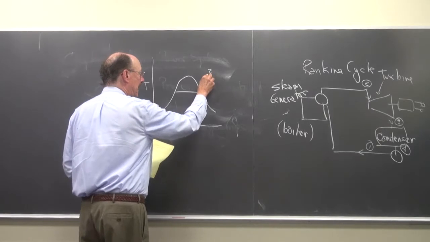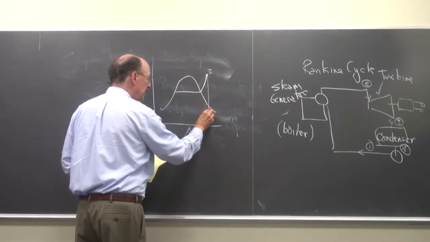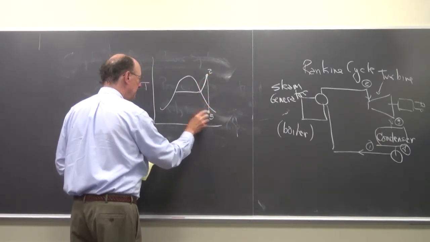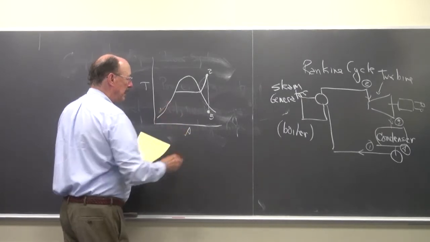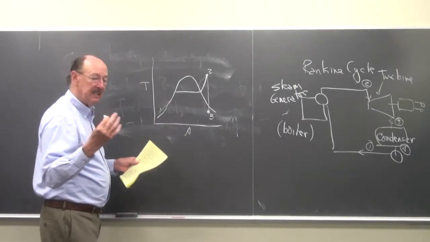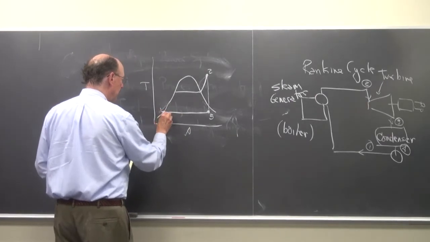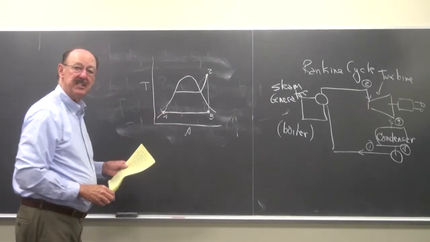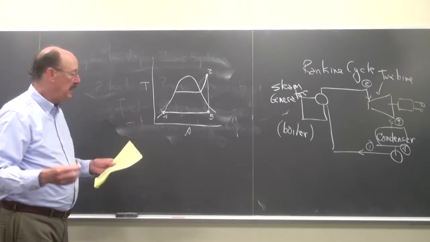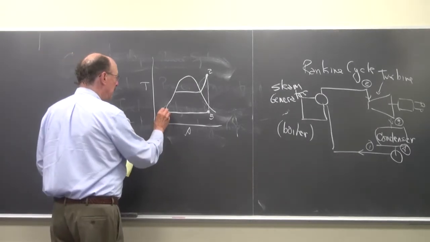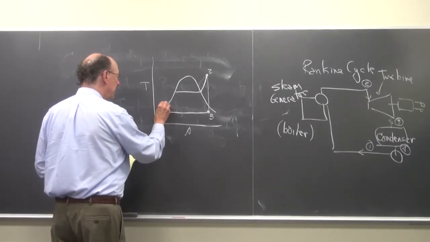It expands isentropically in the ideal cycle to state 3. And then we're going to condense at constant pressure to state 4. And state 4 is a saturated liquid.